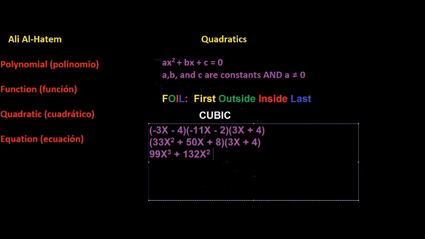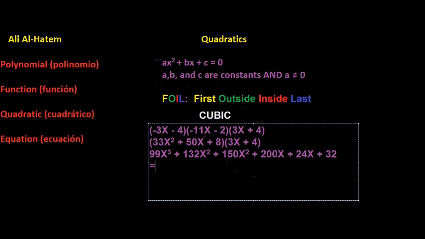Now the second part, 50x multiplied by 3x gives you 150x squared. 50x multiplied by positive 4 gives you a 200x. 8 multiplied by 3x, that will give you a 24x. And 8 multiplied by 4 is a 32.